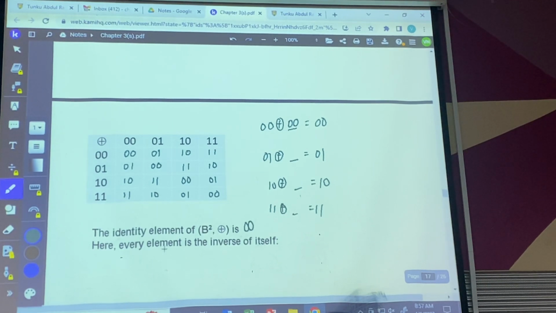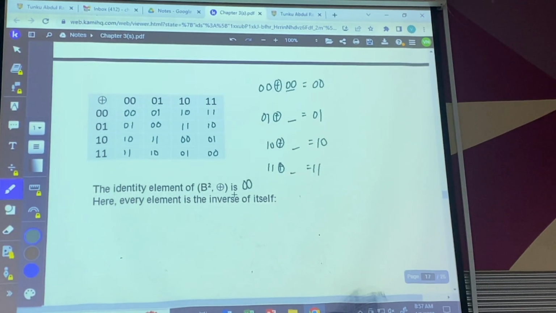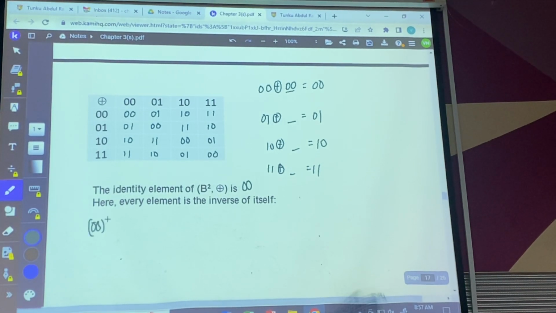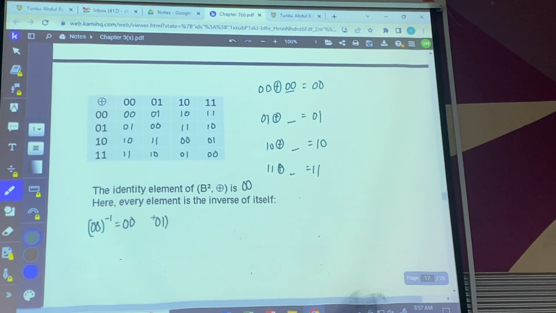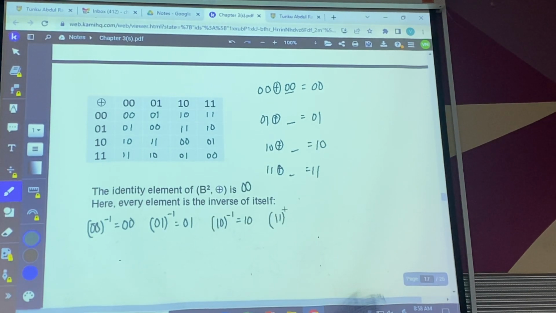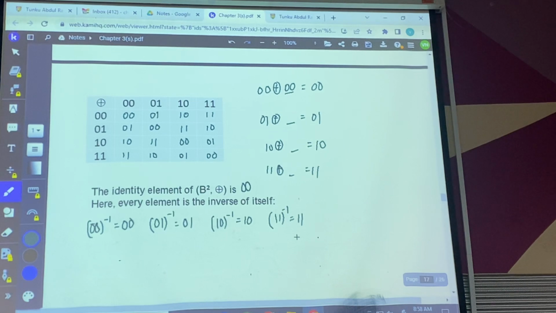Now, find the inverse for every element. So we will find it the same way. You will have 00 inverse equal to 00, 01 inverse equal to 01, 10 inverse equal to 10, and 11 inverse equal to 11. These are the inverses for each of the elements here, because when you take the inverse, you get back the identity 00.